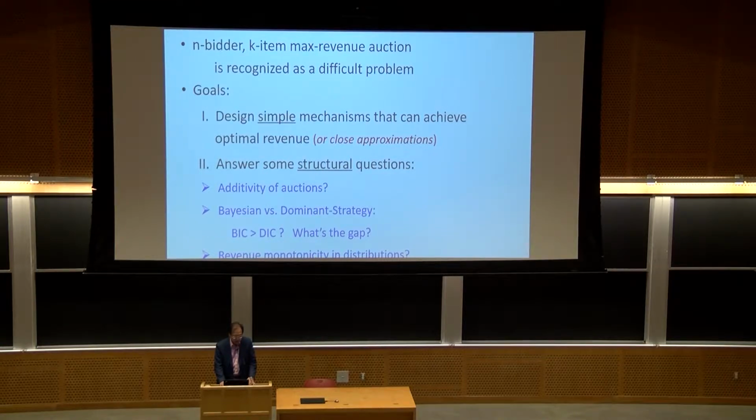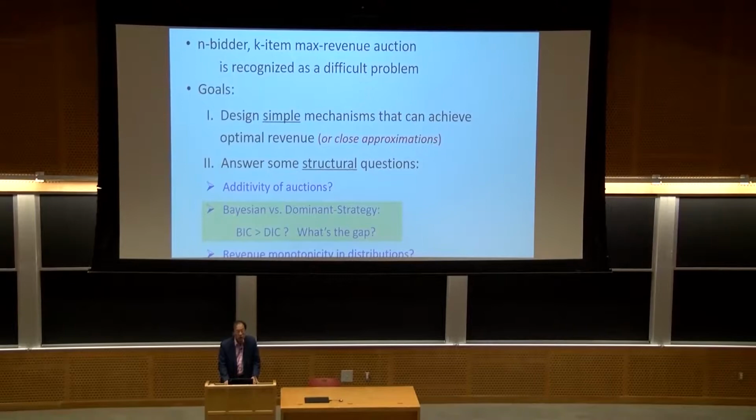And also the question is, if you try to sell the items to a community of buyers who are more willing to pay more, can you get more revenue out of it? And today we are going to focus on the question of whether the Bayesian equilibrium versus the dominant strategy equilibrium, whether it's strictly better for the Bayesian one, and what the gap is.